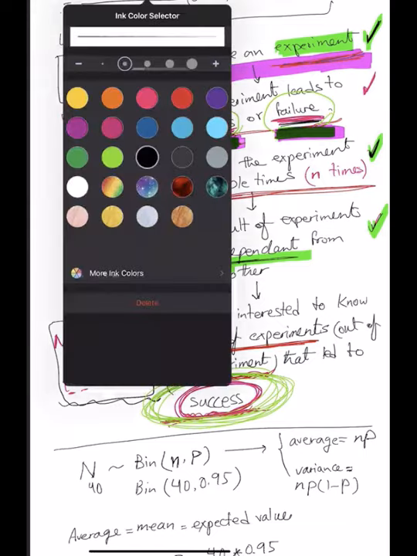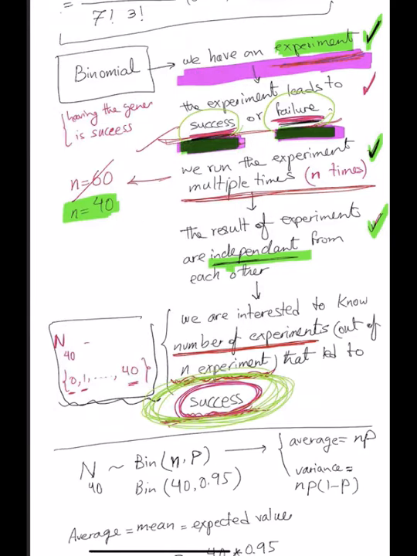Exactly. So then I define the success here to be temperature less than 272. That's success in this setup. And then the next thing, we run the experiment multiple times.